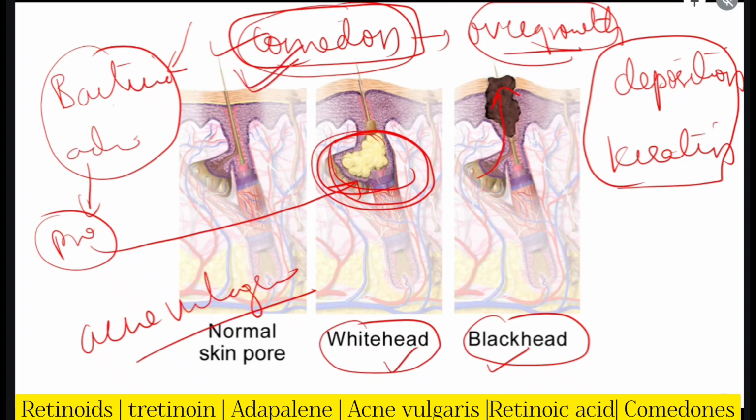And this comedone accumulation is nothing but acne vulgaris. And in comedone we have whitehead and blackhead. The comedone which is present inside is called whitehead, and the comedone which is present outside the skin is called blackhead. And this is acne vulgaris.